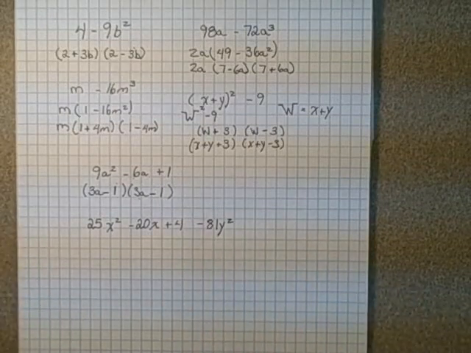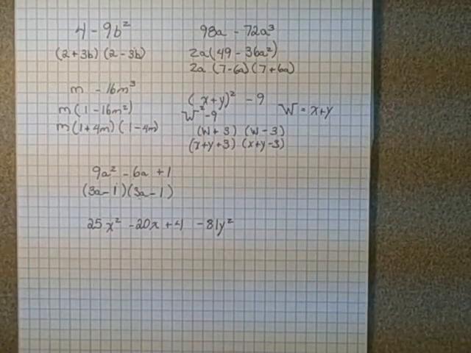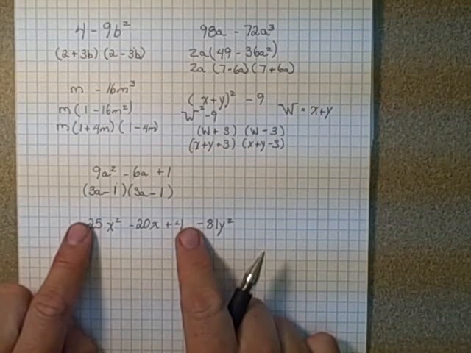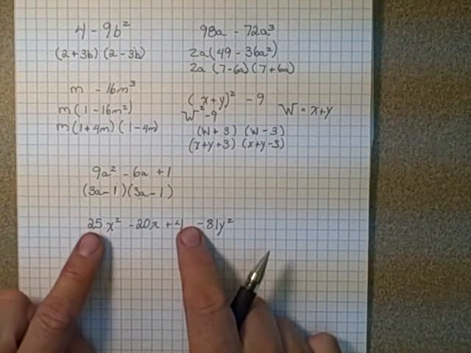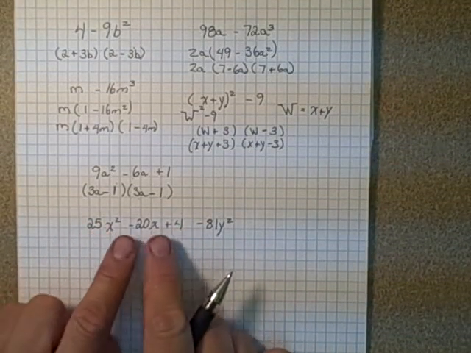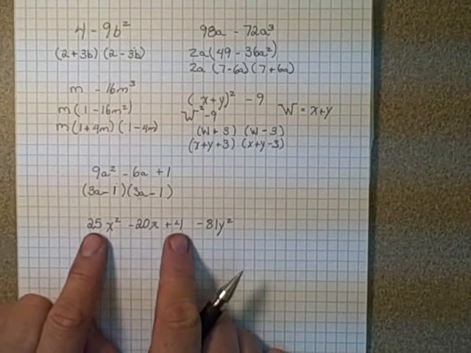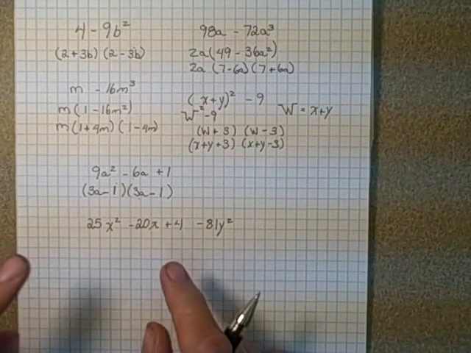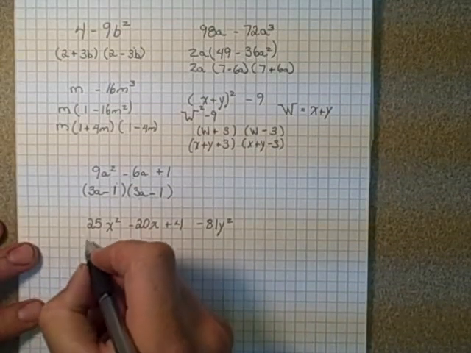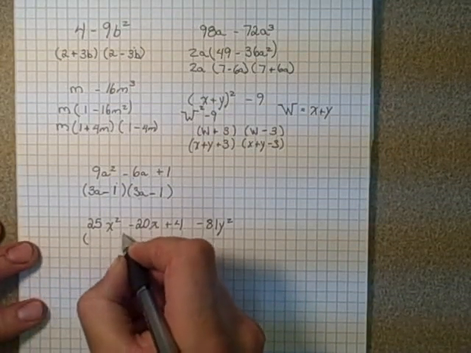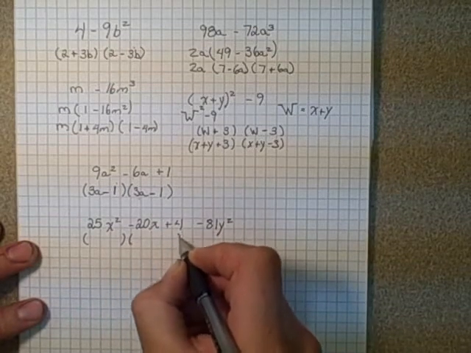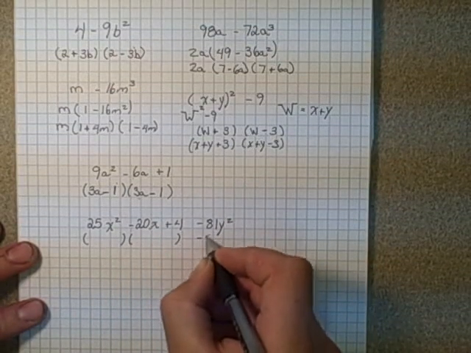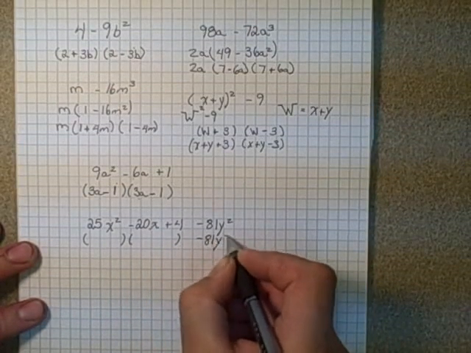Seems a bit confusing, but if we were able to recognize that this trinomial is a perfect trinomial square. This is a square, and this is a square, and we could take the square roots of them and combine them to get the middle term. So what we can do there is break this down, leaving our 81y squared here.